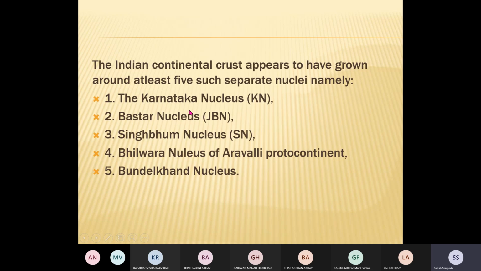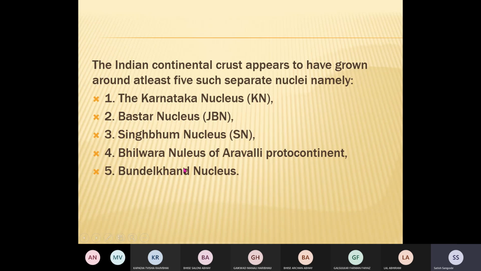Second is the Bastar nucleus. Sometimes it is called the Bastar Bhandara nucleus also, but mostly Bastar nucleus. Another is the Singhbhum nucleus. Fourth is the Bhilwara nucleus of the Aravalli protocontinent.